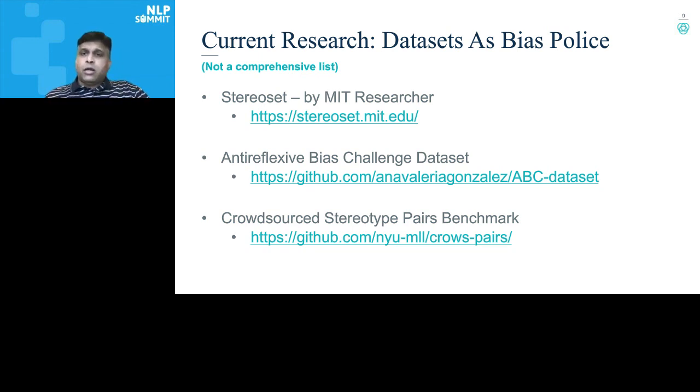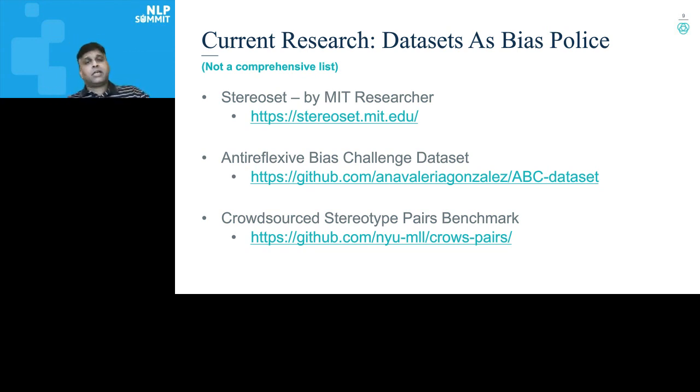For example, StereoSet is a data set created by MIT researchers that measures stereotype biases in language models. This consists of about 17,000 sentences that measure models' preferences across gender, race, religion, and profession.